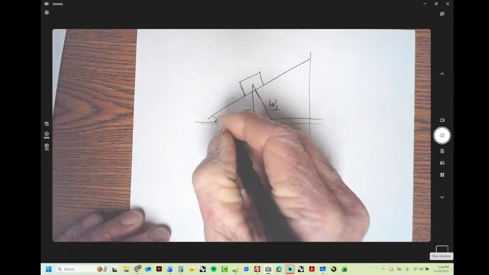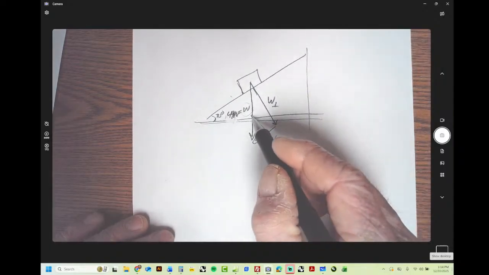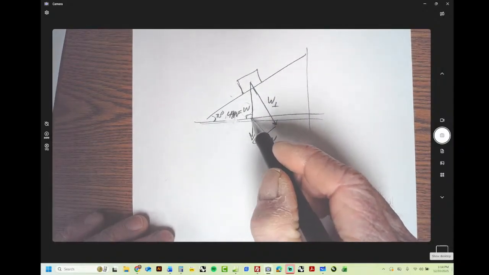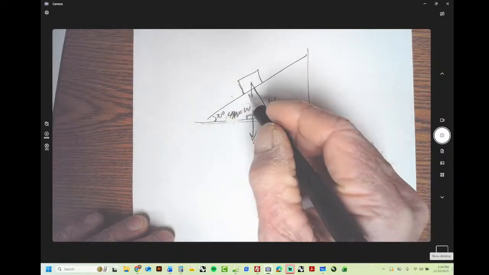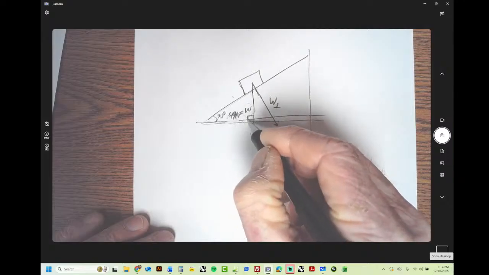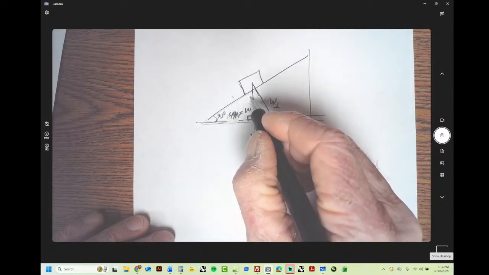I'm given the angle of incline, so this is a 70-degree angle, which means this, well, it doesn't mean this, but this is a 90-degree angle, and if this is a triangle, and this is a 90-degree angle, and that's 70, this has to be 90 minus 70, so this is 20.